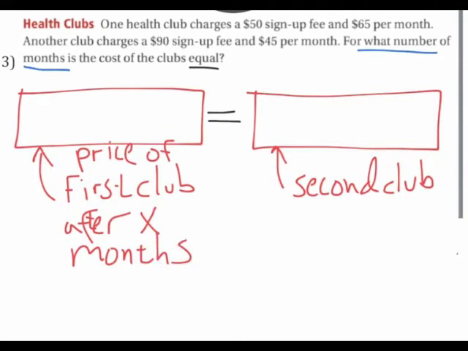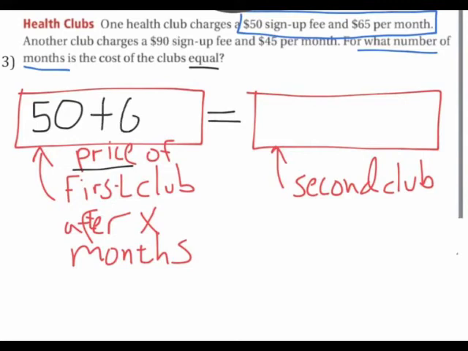We have a $50 sign-up fee and $65 per month. So the $50 sign-up fee is just a flat amount that is included in the price of the first club. And then each month we add $65. So the way to represent that is $65 per month times the number of months.